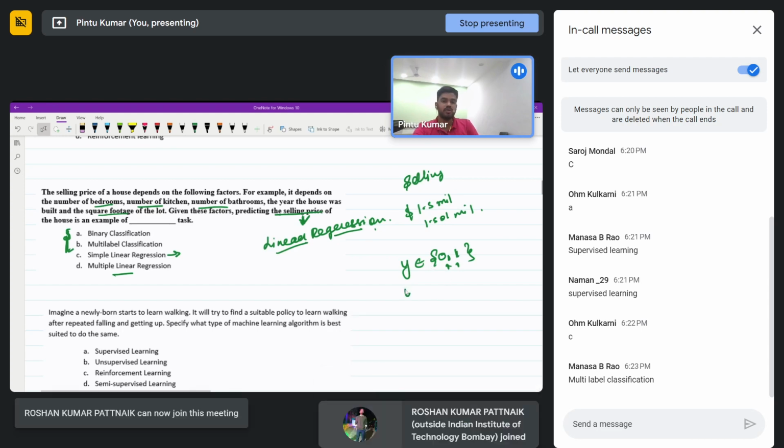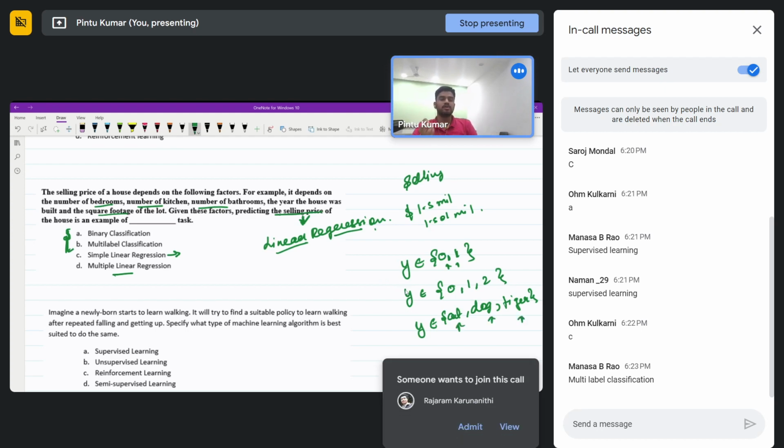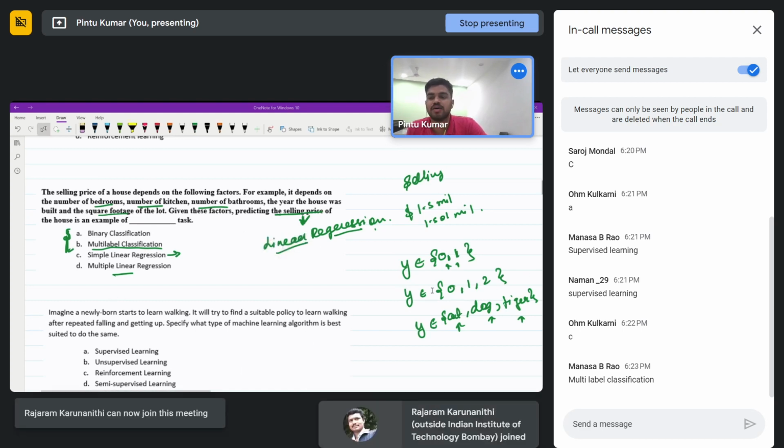If your Y belongs to a larger set, let's say it can be 0, 1, 2, or let's say your Y is either cat, dog, or tiger, you want to train a model such that if you give a photo to your model, it can tell you whether it is a photo of a cat or a dog or a tiger. So you have more than two labels, then that setup is called multi-class classification. Manas, I hope it is clear that it is not multi-class classification, but simple linear regression.